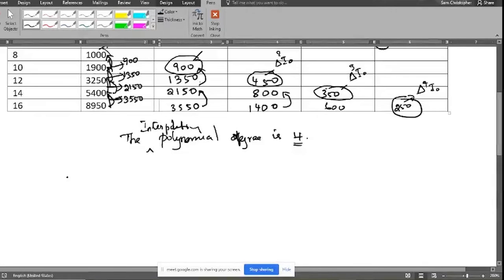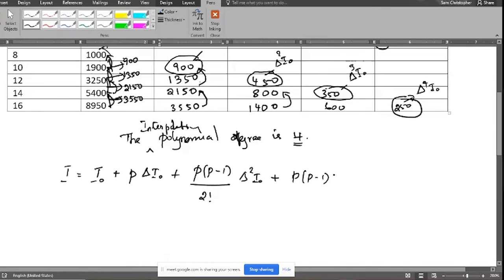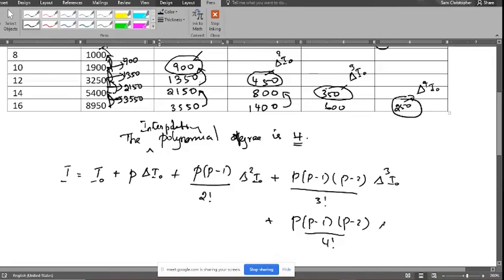The formula is I is equal to I naught plus P into del I naught plus P into P minus 1 divided by 2 factorial delta square I naught plus P into P minus 1 into P minus 2 divided by 3 factorial del cube I naught plus, you have to stop at the fourth one, P into P minus 1 into P minus 2 into P minus 3 divided by 4 factorial del power 4 I naught. This is the formula. It goes on like this.